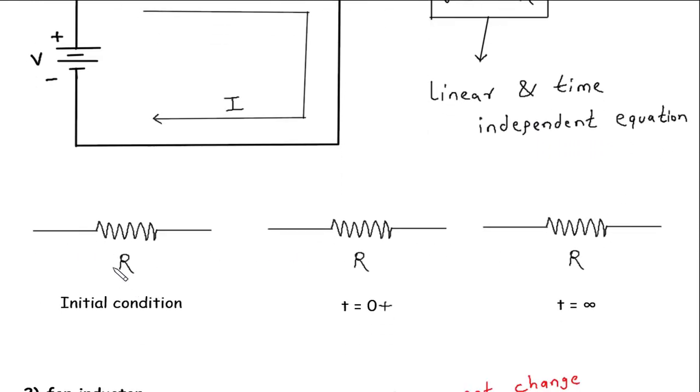So for the initial condition, the resistance will be as it is, at t equal to 0 plus, the resistance will be as it is, and also at t equal to infinity, the resistance will be as it is.